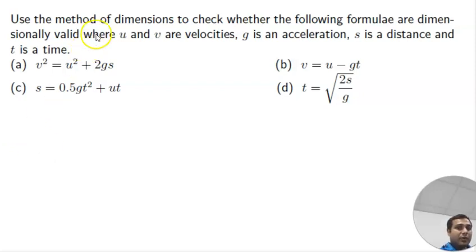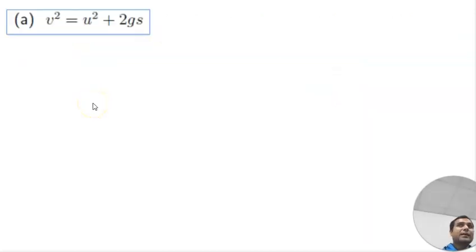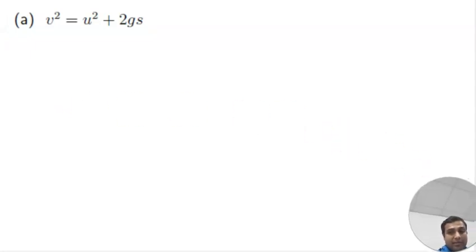Now here, what is u, what's v? u and v are the velocities. u is the initial velocity, v is the final velocity. g is the acceleration due to gravity. s is the distance, and t is the time. So these things will be defined. You're supposed to know at the start of the question what these values are. We'll look at this one and see if that's dimensionally correct or incorrect.